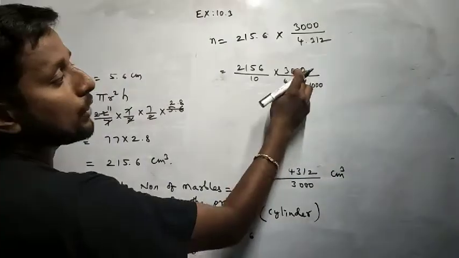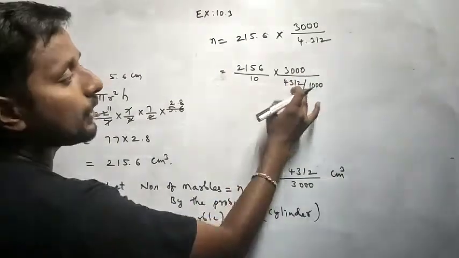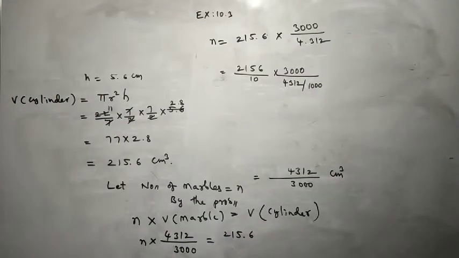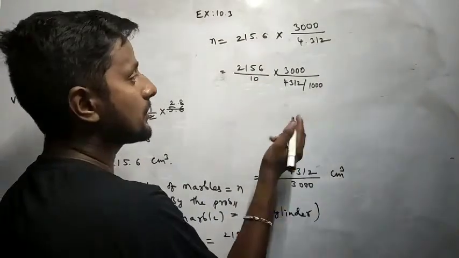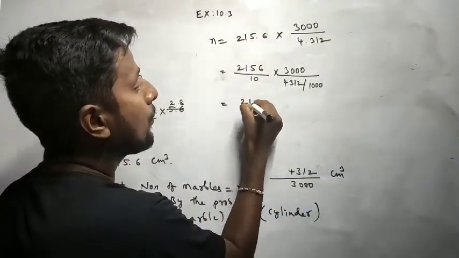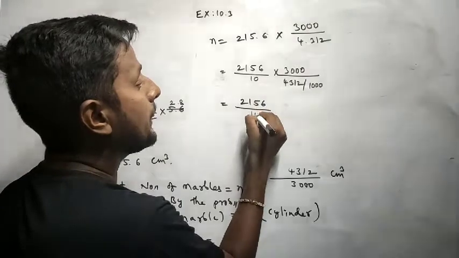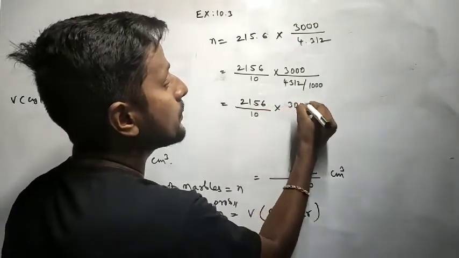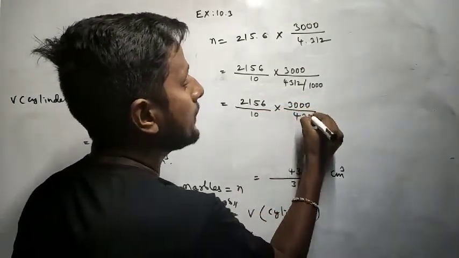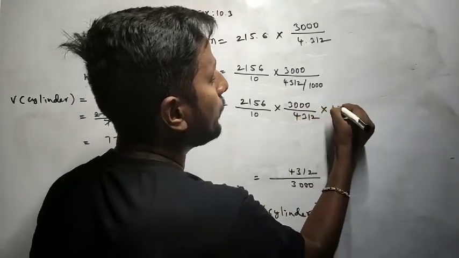The denominator is already a fractional part, so try to get the reverse. So we'll write 2156 by 10 into 3000 by 4312 into 1000.